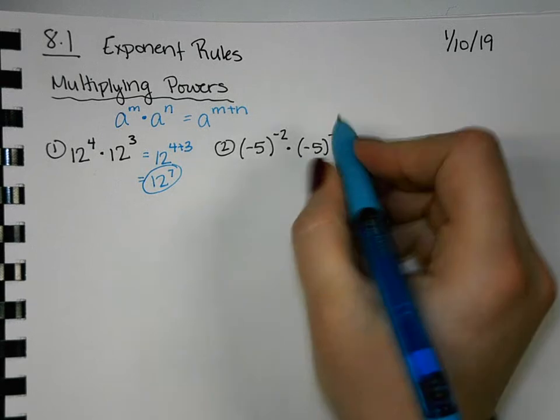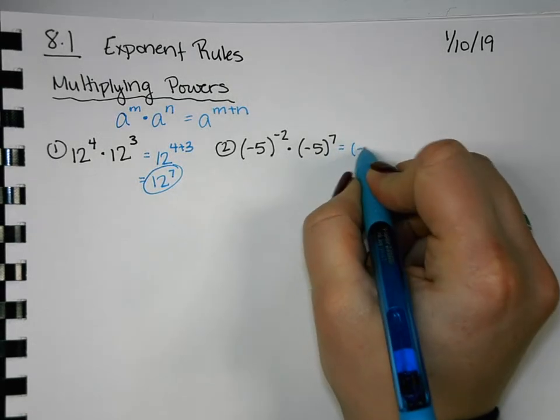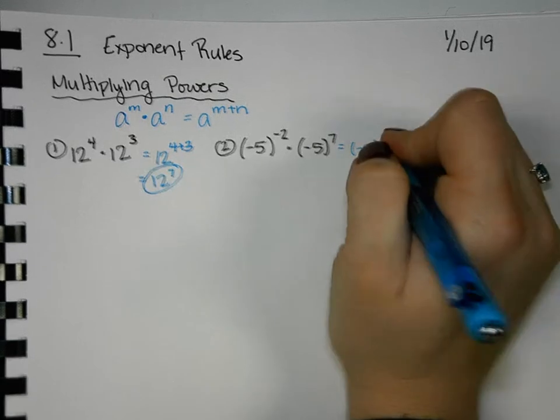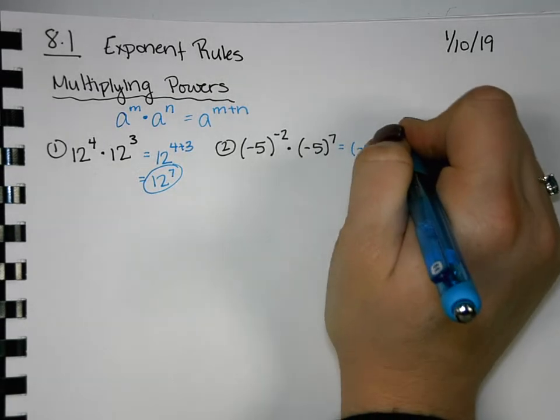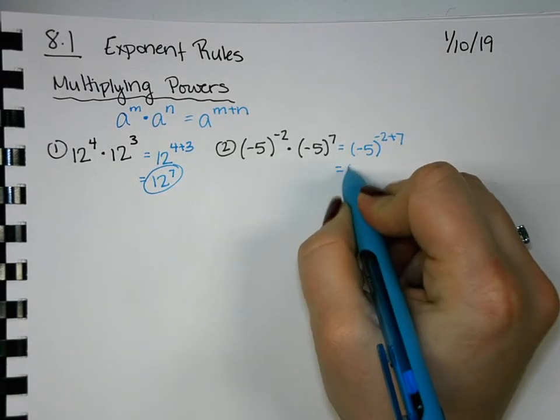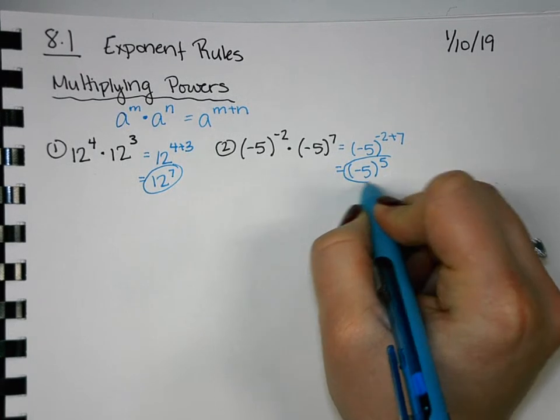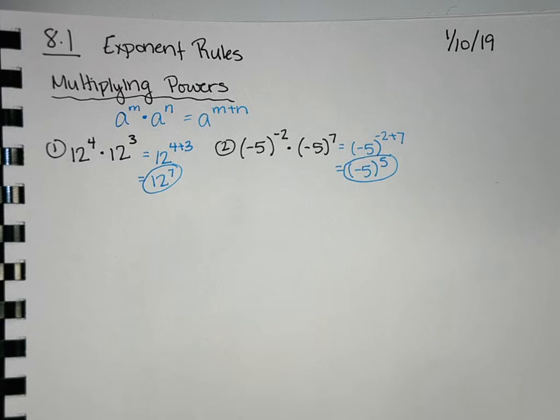So we're going to add the exponents. And we want to make sure this negative 5 stays in parentheses because that negative has to be raised to the power, so it has to stay grouped together. So we'll have negative 2 plus 7. So what's negative 2 plus 7? 5. So then negative 5 to the 5th power would be our answer.